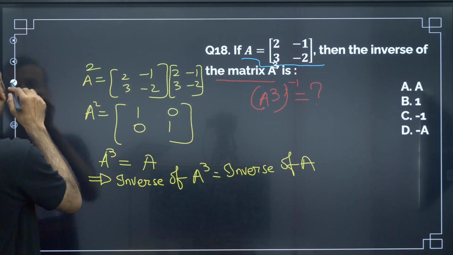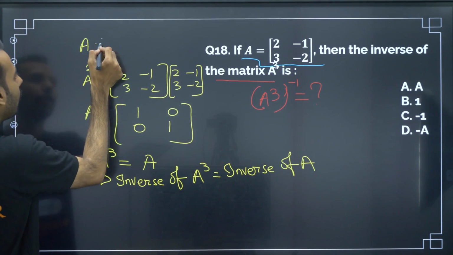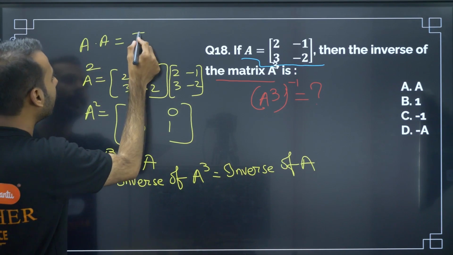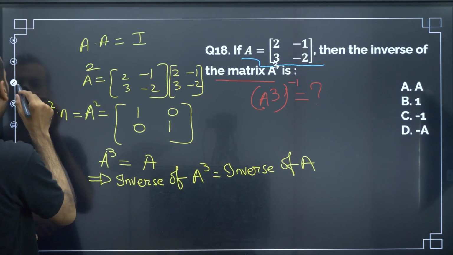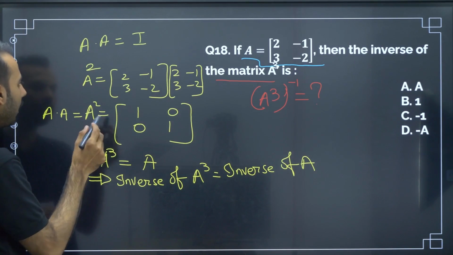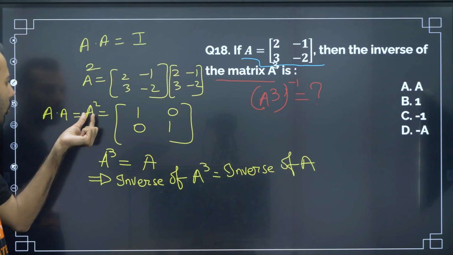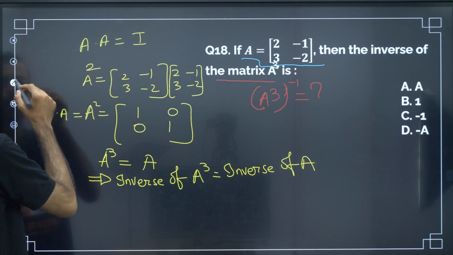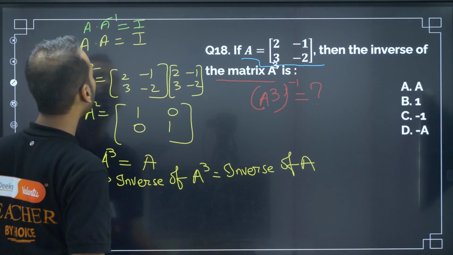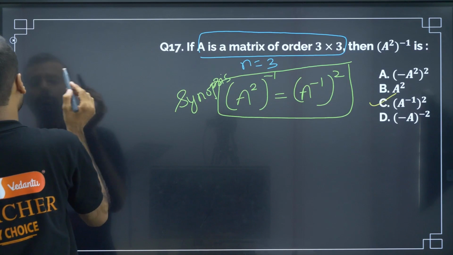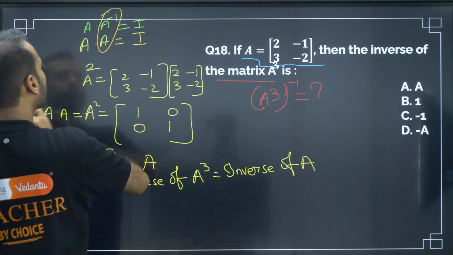Next, if I observe, A square means A into A. Also, one synopsis point I already know: A into A inverse is I. That means in this question, A and A inverse both are the same.